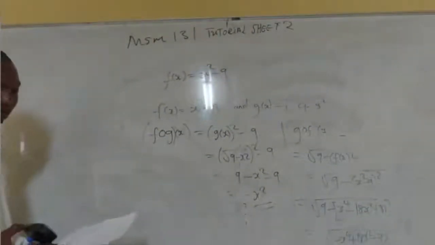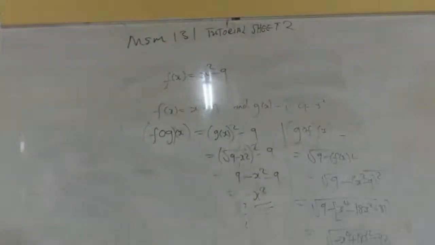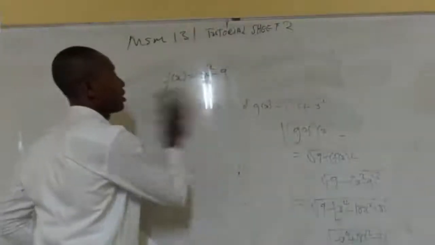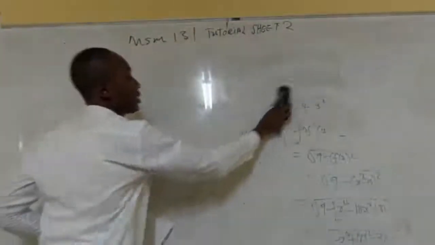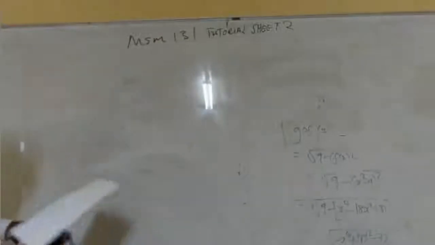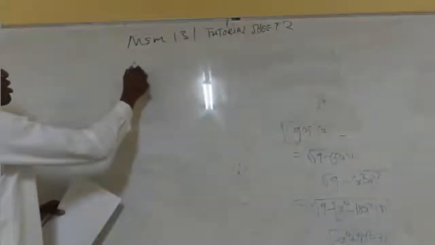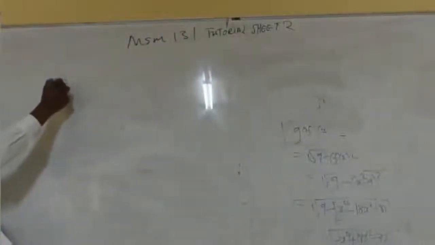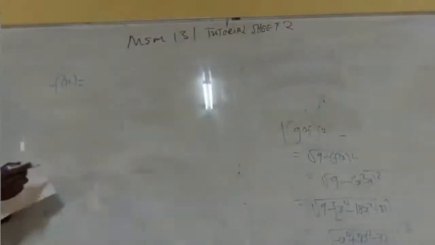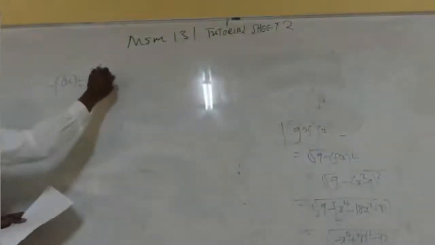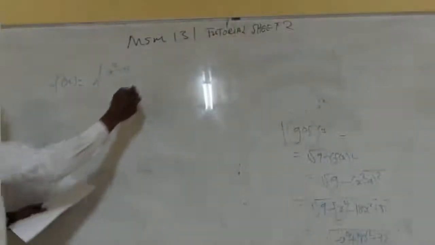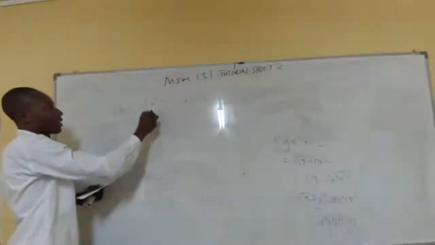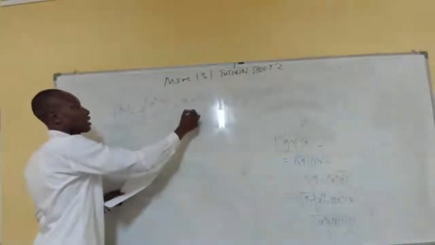Lastly, you've been given this as a piecewise function, okay? x squared minus 4 for x less than 2, and 5 for x greater than or equal to 2.